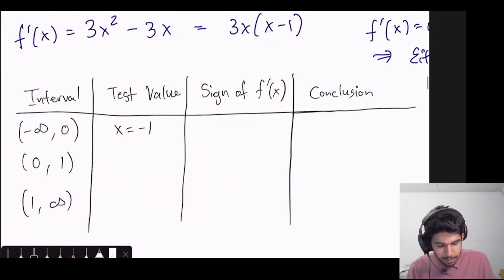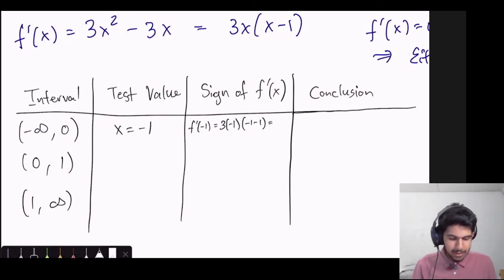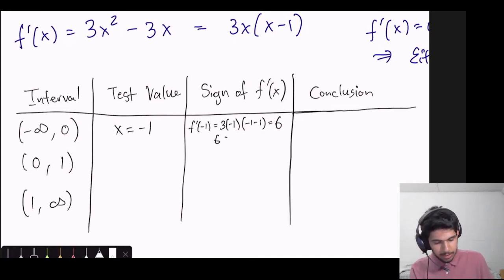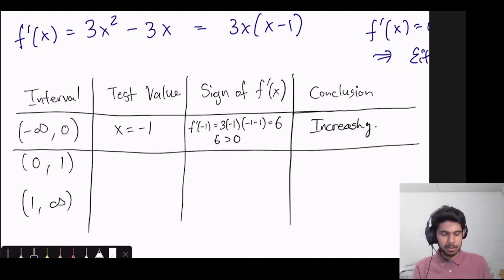F prime of -1 is equal to 3 times -1 times -1 minus 1, which is equal to 6, right? And 6 is greater than 0. So our conclusion is that it is increasing on this interval, right? So that takes care of the first interval.